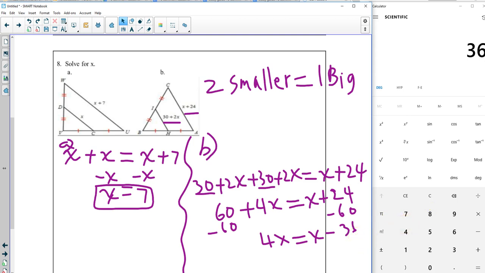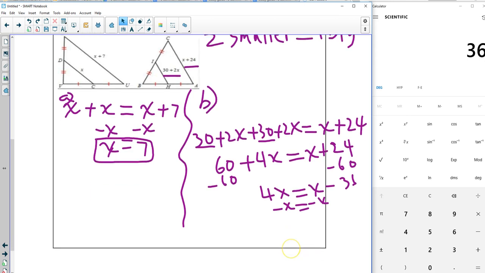Okay, so now I got to bring the x to the other side. So if I got to subtract x, so now I got 3x is equal to negative 36. Therefore, x is equal to negative 36 divided by 3.